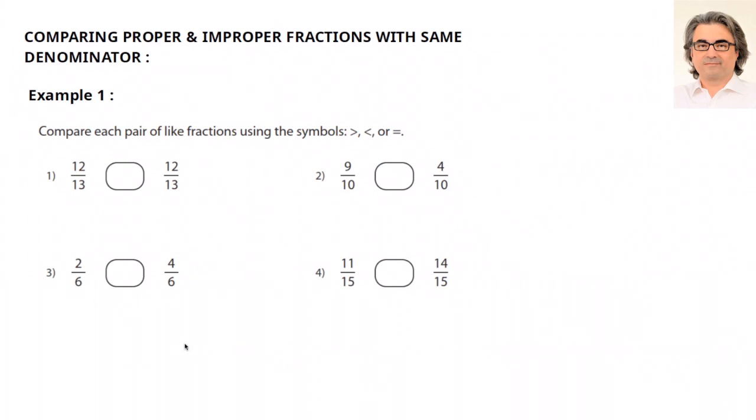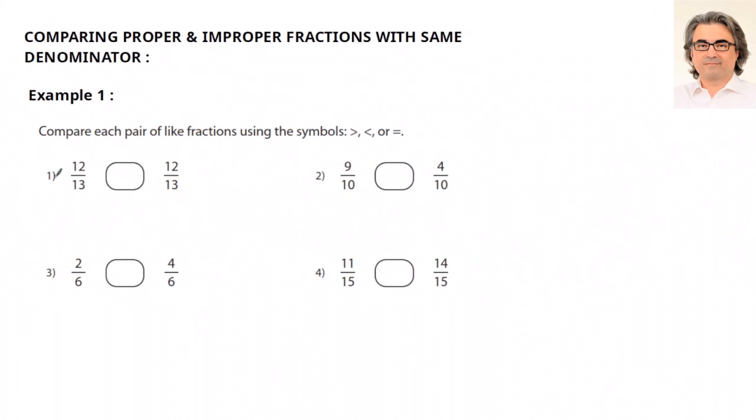In the first example, as you see, the general question here is the following. Compare each pair of like fractions using these symbols: greater than, less than, or equal to.